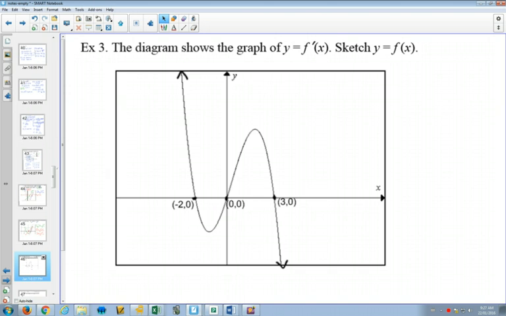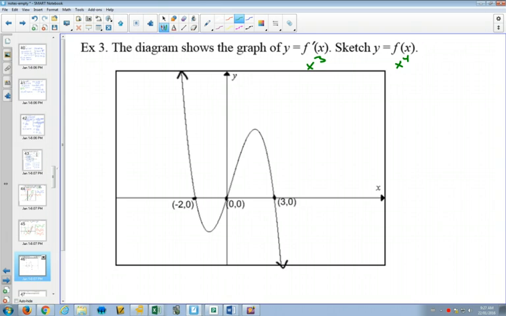So first of all, cheating a little bit, what kind of graph does this look like? A cubic. So if we had a cubic graph, what graph would we have had before that? A quartic graph. Great, eh?